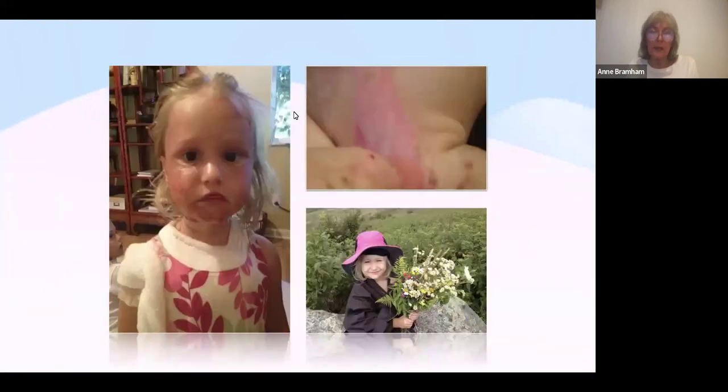This is one of my burn patients. So this was a two-year-old who had a terrible situation, she pulled a cup of boiling water onto her.